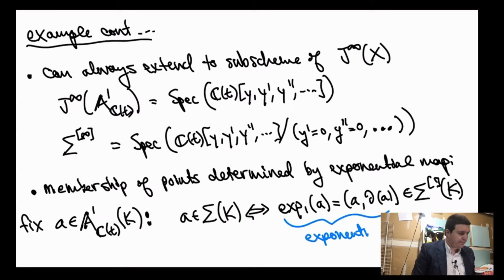Yeah, and so this is the exponential map. There's a map from the points of your scheme, which are differential algebraic, so they have a derivative operator, into these jet spaces by taking derivatives of the coordinates. Really that's the only non-algebraic map, and everything factors through this one non-algebraic map.